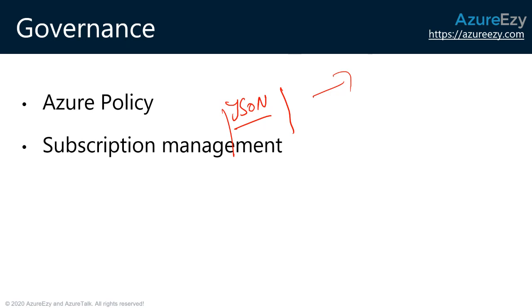But apart from that, you also have to have a strategy for RBAC rules: who is getting access, who are the administrators, what groups have what kind of access, what types of service principals you are creating. All those things should be organized properly, so that you know how things are happening in the subscription. That is how you can define and manage your subscription.